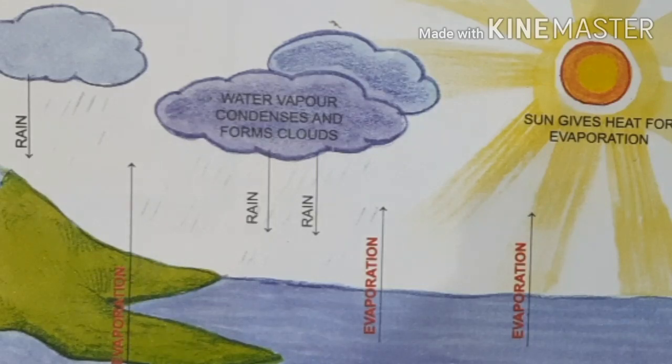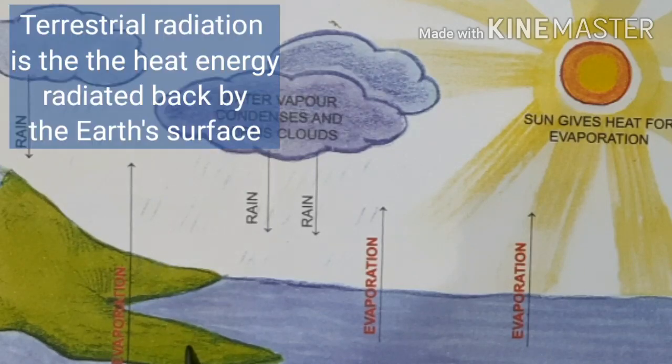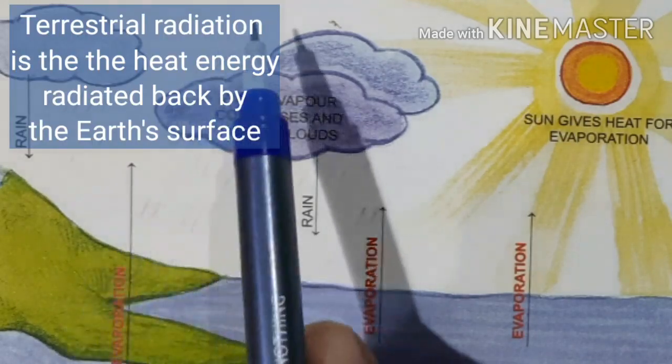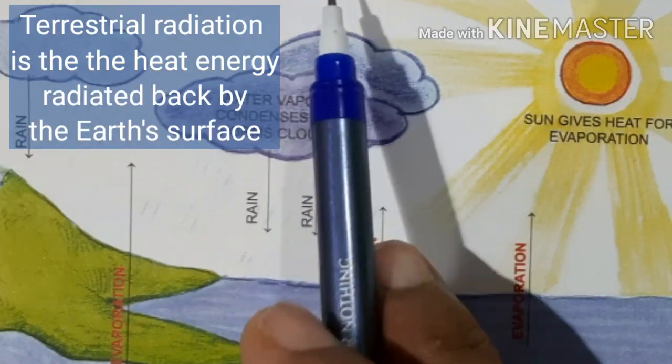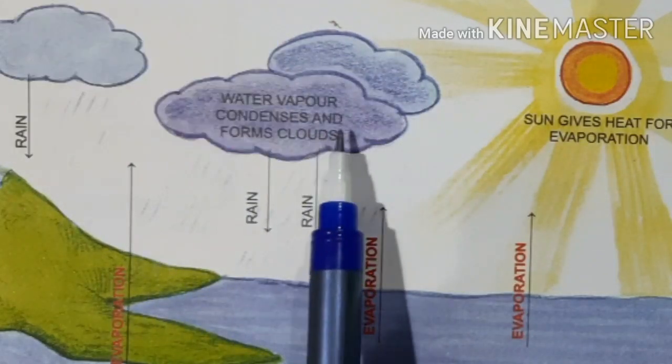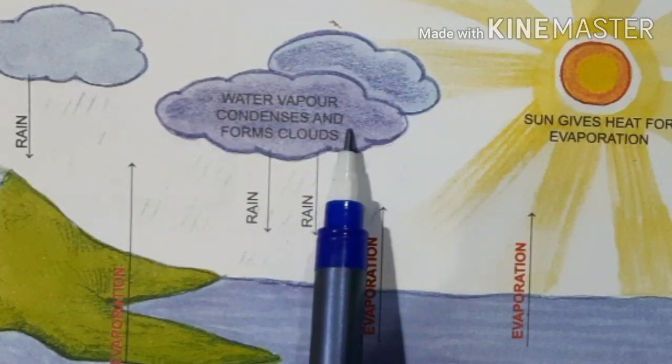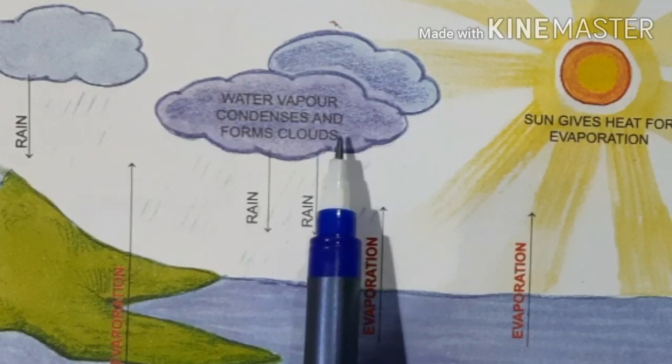On the other hand, at night what happens? After receiving the insolation, the earth's surface radiates the energy back to the atmosphere. That radiation is named terrestrial radiation. When the terrestrial radiation goes toward space, the clouds also trap the heat energy, and because of that we experience a hot condition.